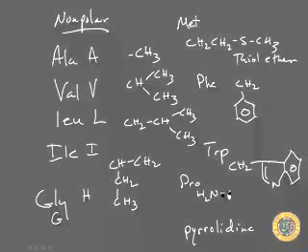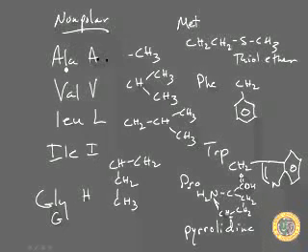It is the only amino acid that contains a secondary amine group, because the structure, you can see, the side chain is bound to that N-terminus as well as to the carbon, the chiral carbon or the central carbon.